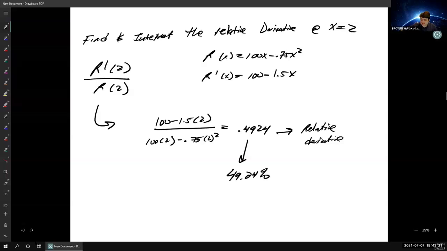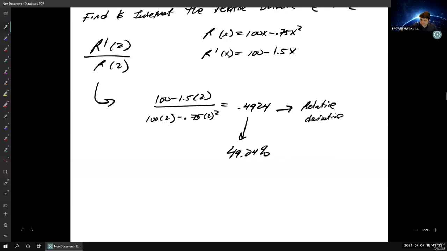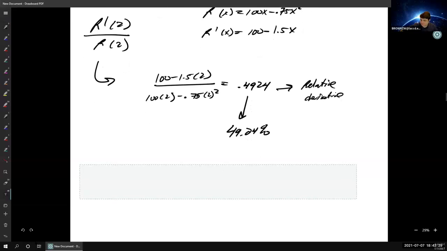So what we can say is at 2 million units, actually, no, let me type this out. There's going to be a lot going on here. So this is the relative derivative. This is the percentage derivative. What's the interpretation?